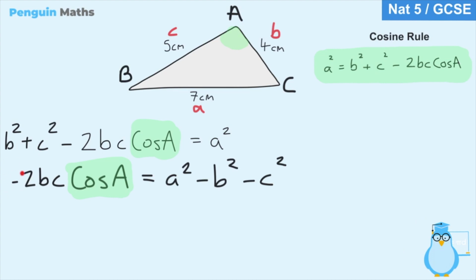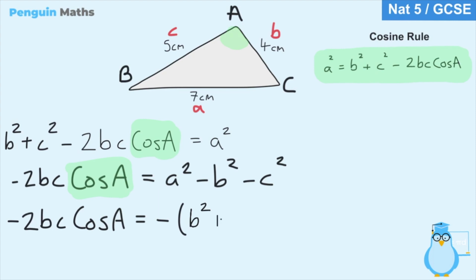But one thing I don't like at the moment is this negative sign, so what I'm going to do now is try and get rid of that. In order to do that, what I have to do is take a common factor of minus 1, or just a minus sign, on the right hand side, and that means that I would cancel out with the minus on the left hand side. If I want to take a minus sign out as a common factor, that means that every term on the right hand side is going to be flipped in terms of its sign. So what's minus becomes positive, and what's positive becomes negative.